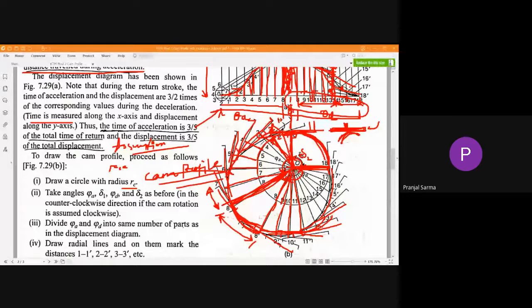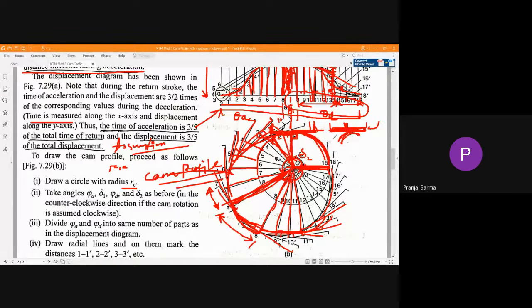So the last portion, that is this particular drawing of this flat face follower, perpendicular to the extension line. This much we have shown. You have seen? Yes. So after that, the last step is, through a freehand curve, you have to join the end portion of this flat face follower.